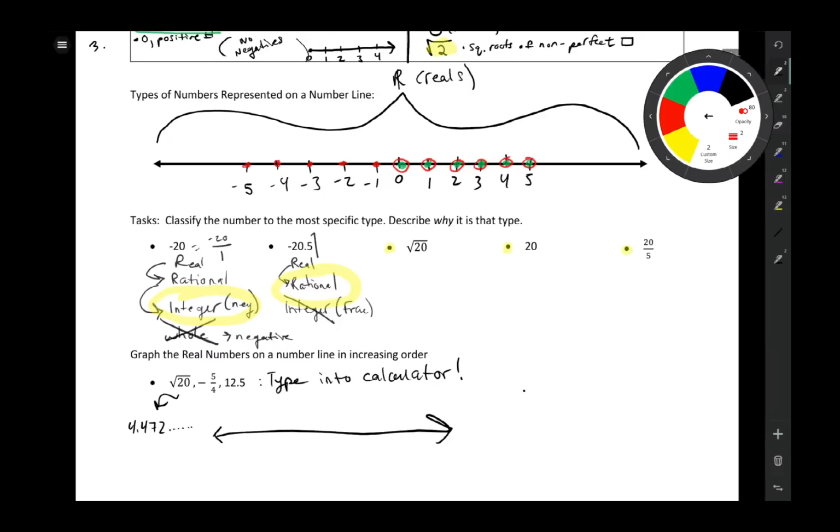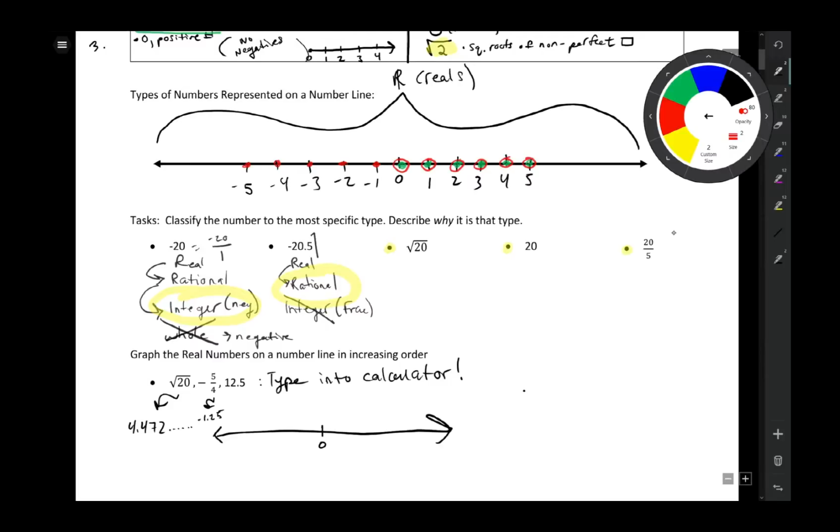Negative 5/4. Again, type it in your calculator so you can kind of visually see what's going on. 1.25, terminating, negative of course, and then 12.5. So they're all in decimals.